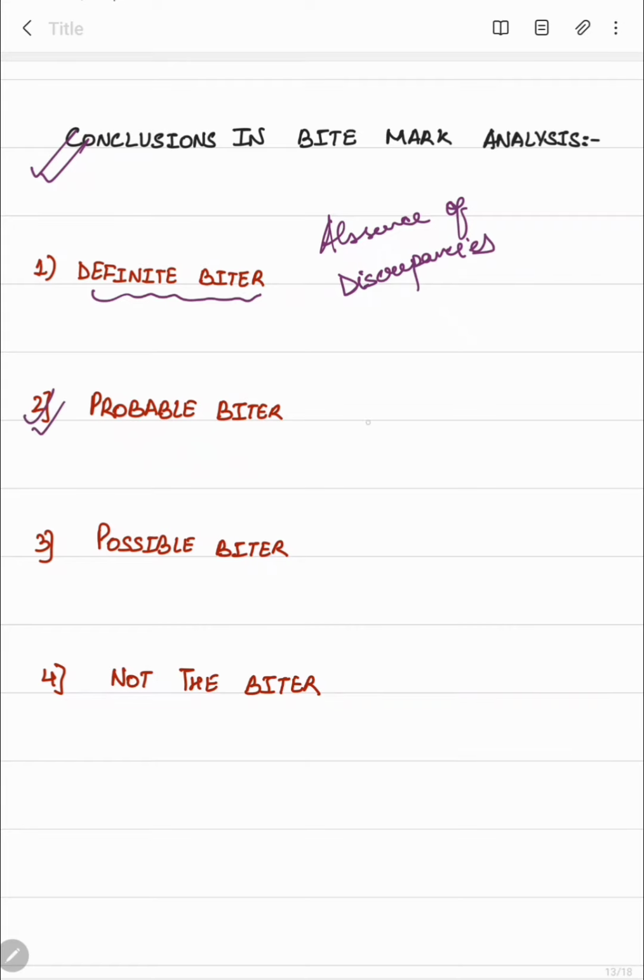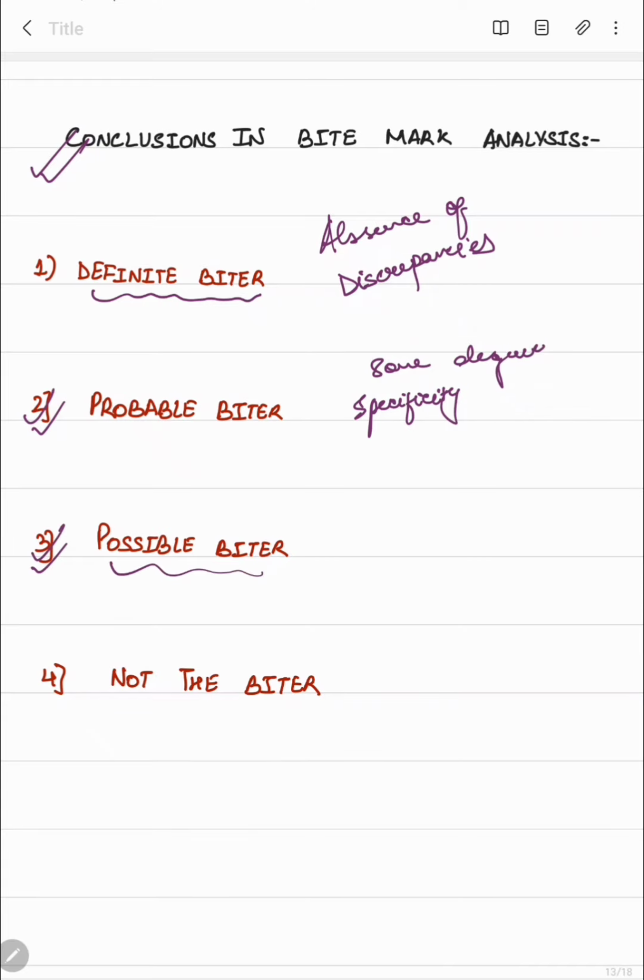In probable biter also, there is absence of any unexplainable discrepancies, and the bite mark shows some degree of specificity. So some degree of specificity is seen in probable biter.